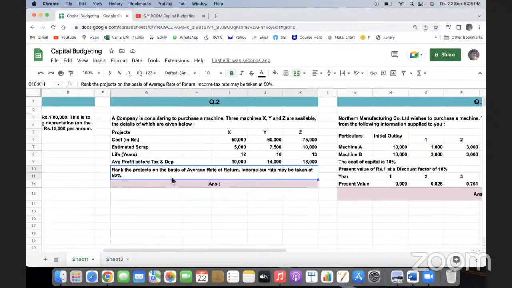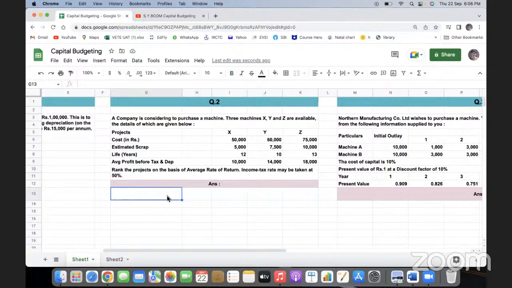So here the first thing that we need to find out is what we require. We need income or profit after tax, but before depreciation. So we have to find that out. How to do that? This is the A part of the answer, which will be the calculation of income after tax.